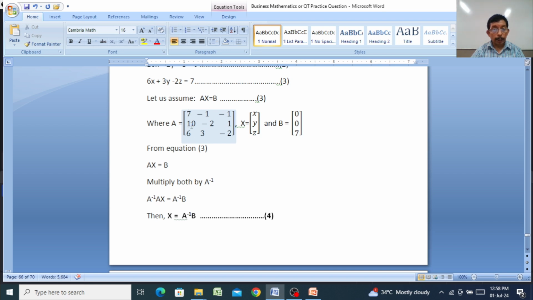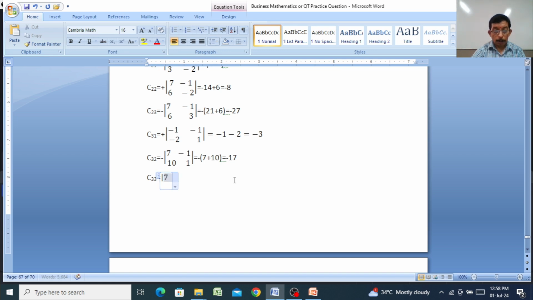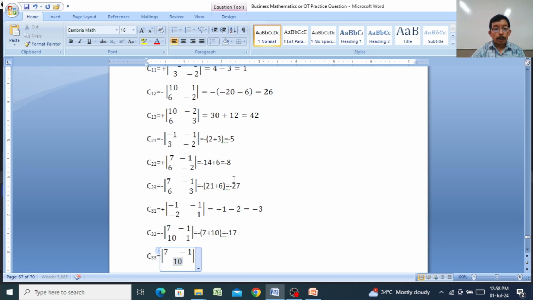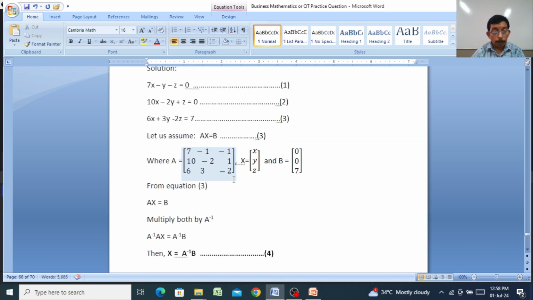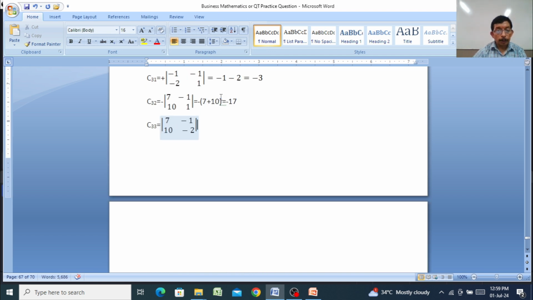We get 7 minus 1, 10 minus 2. Simplify. Is equal to minus 14 minus minus plus 10. The result becomes minus 4.